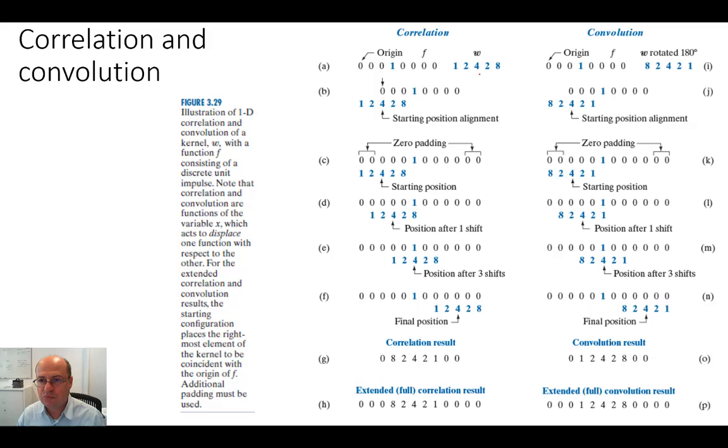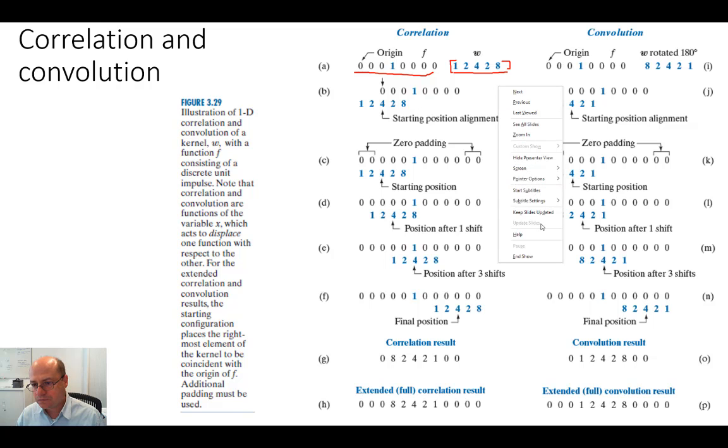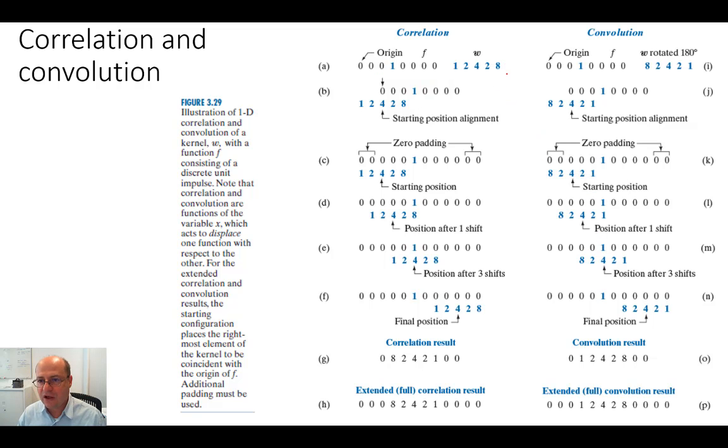Let's see an example with a single vector, a unidimensional matrix. This is the original matrix, and this is the kernel. It's just a vector. Now, when I apply the sum of products with the kernel as it's given, it's called correlation.